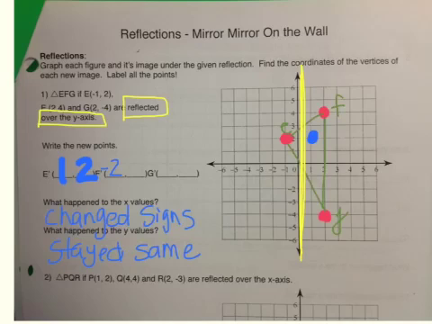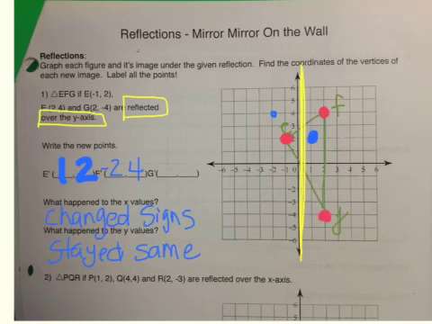It used to be +4, so now it's going to stay +4. If I graph that dot, -2, +4, I'm going to go to the left 2 spaces. I'm going to go up 4 spaces. Once you go left 2 spaces and up 4 spaces, that one is complete.